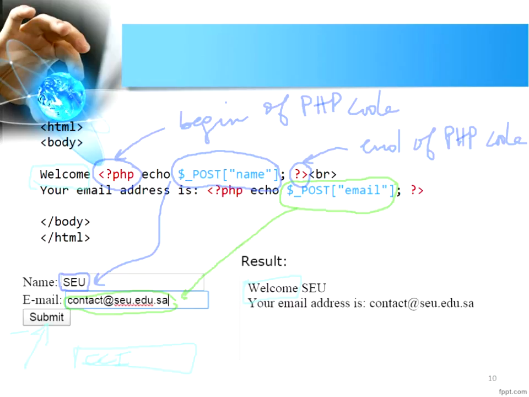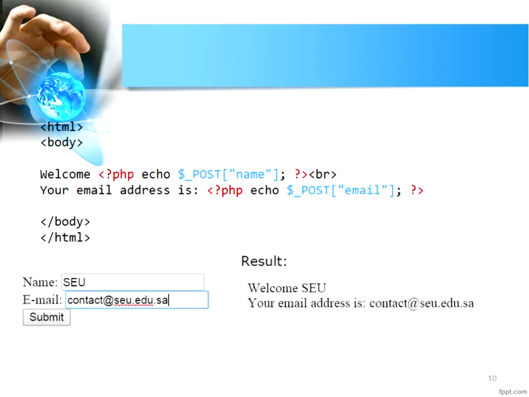So if I write here not SEU, I will write, for example, CCI. So the result here will be modified, not welcome SEU, but welcome CCI.